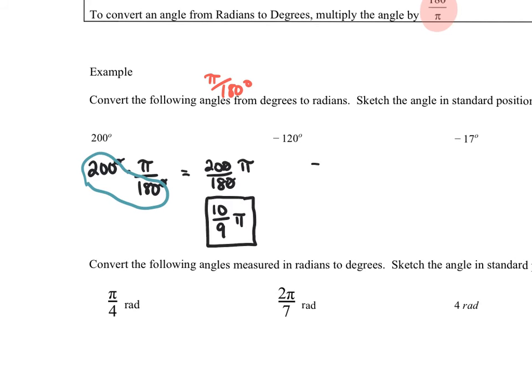Same thing for negative 120. Negative 120 I'll multiply by pi over 180 degrees. The degrees will cancel. So I'm going to end up with negative 120 over 180 pi. Zeros will cancel. 12 over 18 both divide by 6, so that's negative 2 pi over 3.